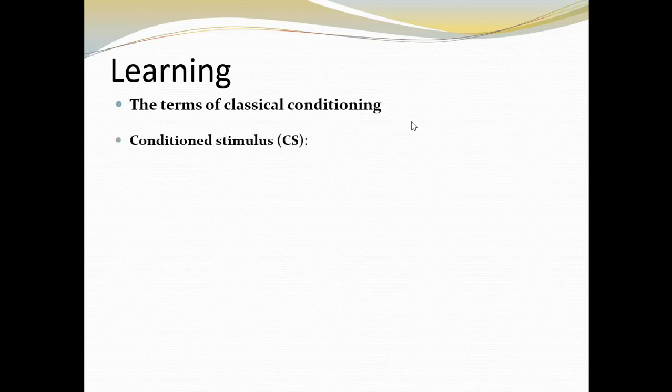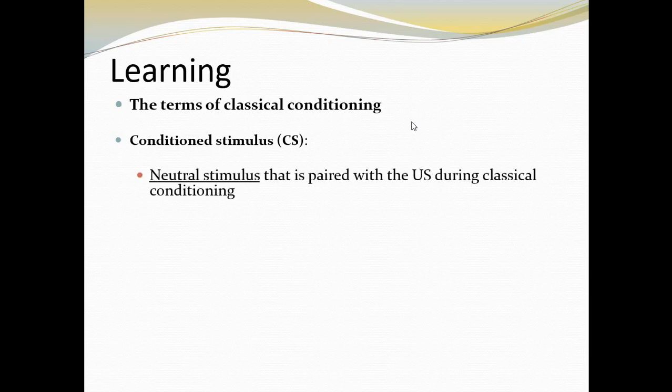Now, this is a tricky one, okay? Something called the conditioned stimulus, the CS. These are those potentially other stimuli in the environment that don't automatically elicit a response, but through conditioning can elicit a response. Now, pay attention to this particular statement.